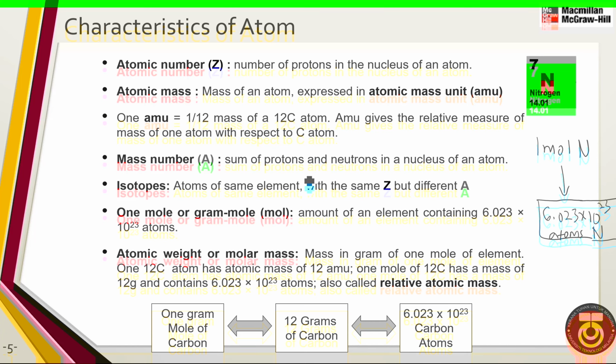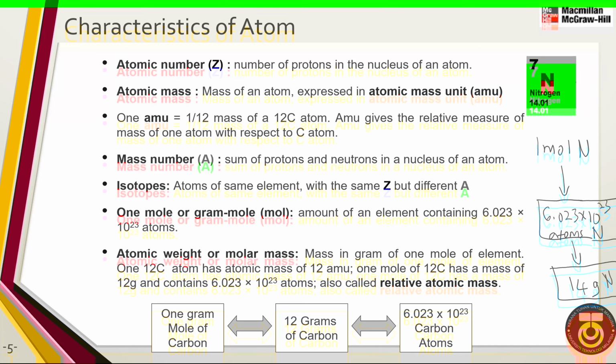So the atomic weight for nitrogen is not 12 gram like carbon. Carbon you have 12 gram, but for nitrogen we have 14 grams. So 14 grams of nitrogen for 1 mole of nitrogen element, because it depends on the mass number.